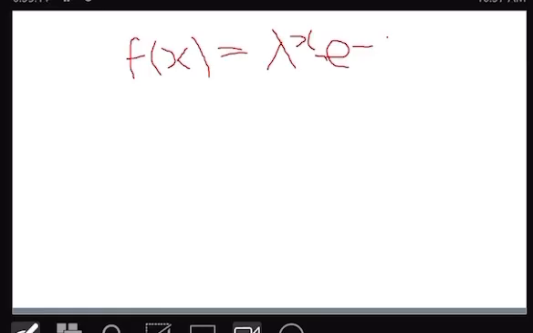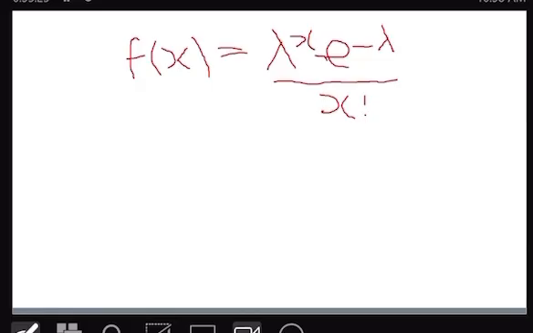If you have a Poisson distribution, from what you've done before, some of you have done what we call statistical theory, where you have a distribution and you want to estimate the parameter in the distribution using the method of maximum likelihood.